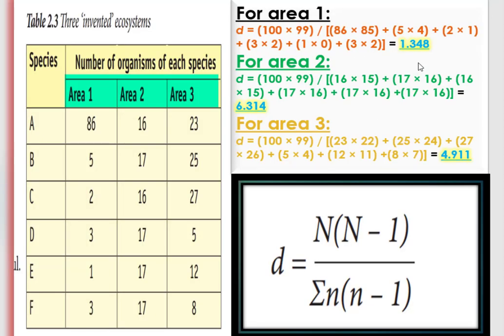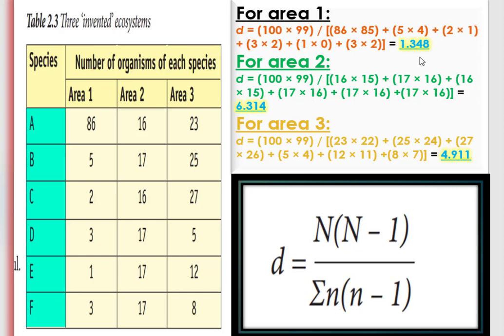Here is an example of three invented ecosystems: ecosystem 1, ecosystem 2, and ecosystem 3. These ecosystems contain the same number of different species: species A, B, C, D, E, and F. But these species have different numbers of individual members in each ecosystem or area.